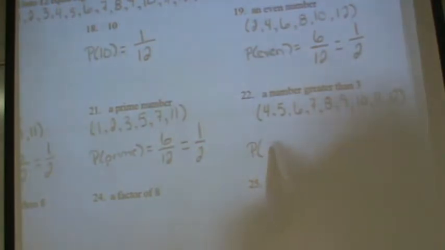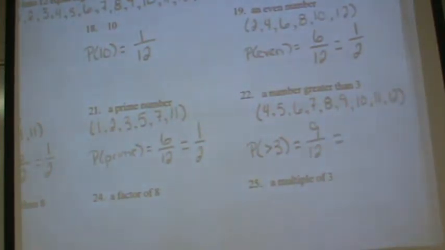So probability greater than 3, we've got 1, 2, 3, 4, 5, 6, 7, 8, 9. And that's out of our original 12. And we can reduce that to 3 out of 4.